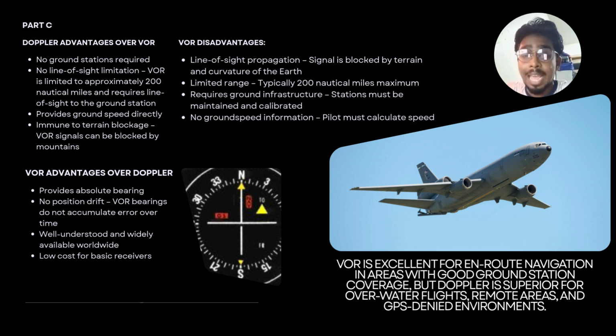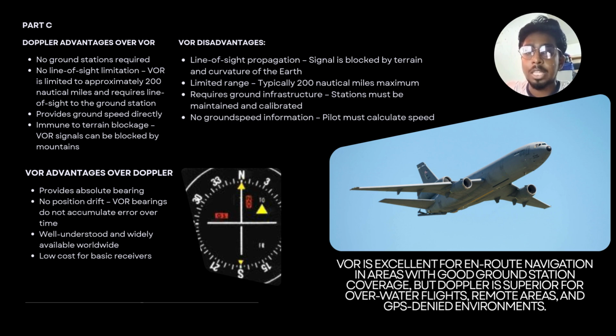The first one is the advantage of Doppler compared to VOR: no ground station required, no line of sight limitation. But the VOR advantages over Doppler are that it provides absolute bearing, no position drift, and is well understood and widely available worldwide. But the disadvantage of VOR is line of sight propagation, where the signal is blocked by terrain and curvature of the earth.